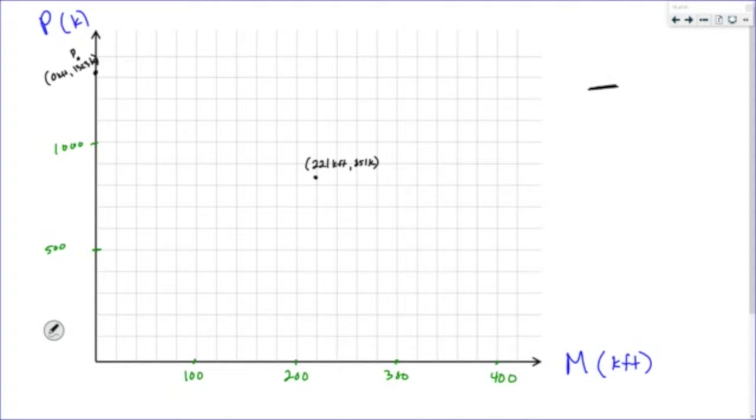Over to the side, I want you to put PN and MN is going to be represented in black. So this is my axial compression capacity. This is my onset of cracking.